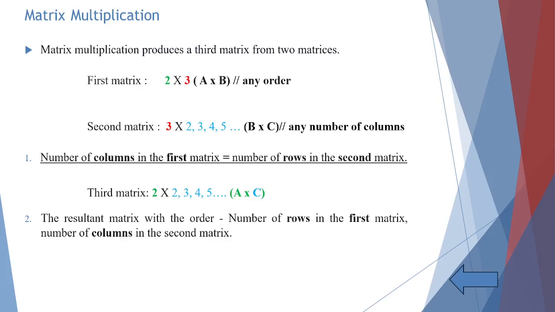The order or size is different for each matrix. If we understand this much, we can write half of the program. Please remember, the order is AB, BC, and AC.